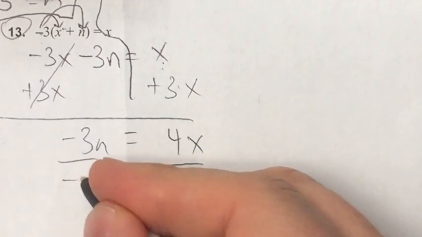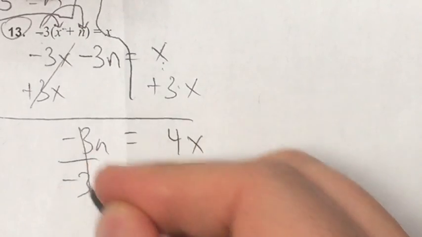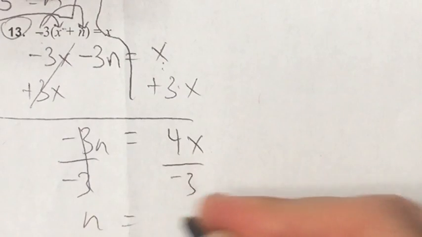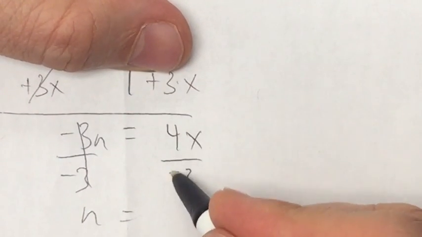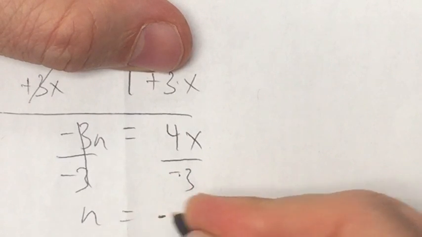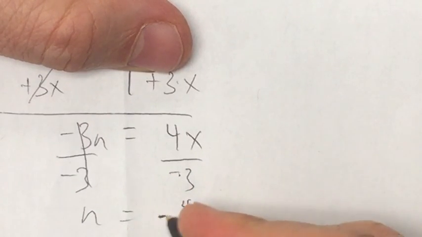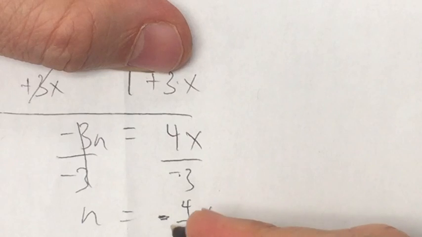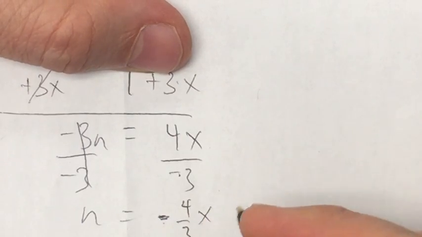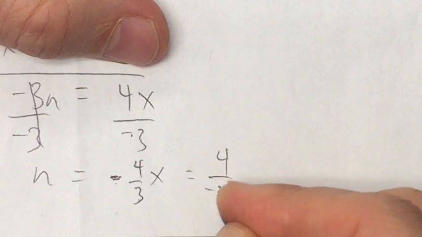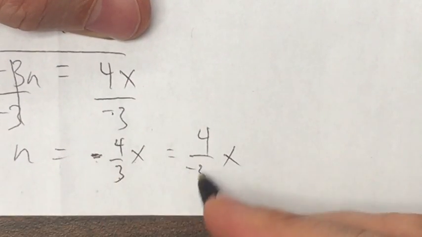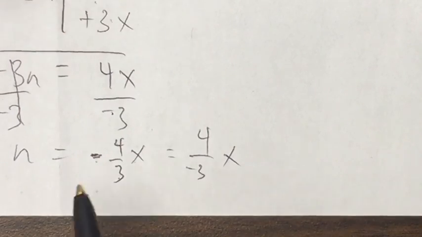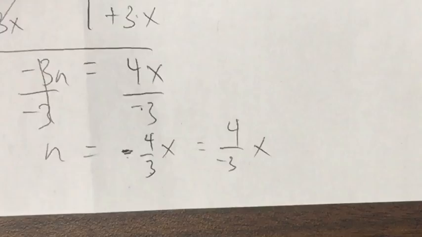Final step, divide both sides by negative 3. So you see how you have a negative on the bottom? Really, it's kind of like a fraction with the negative on the outside. So n is equal to negative 4/3 x. You could also write that like that, 4 over negative 3x. It's all the same thing. There's one negative in the entire problem. Okay? I hope that helps, and ask questions if you have any.